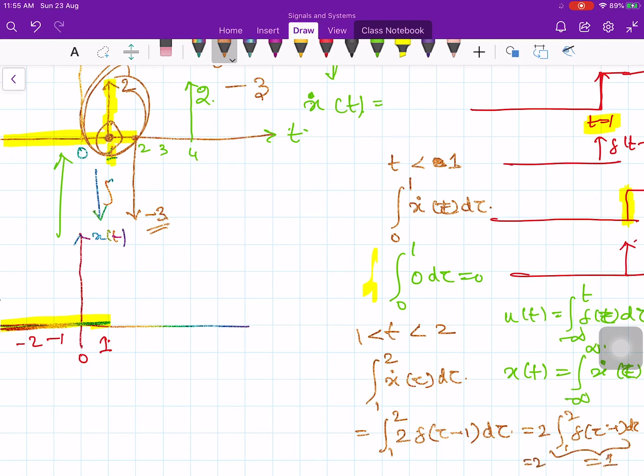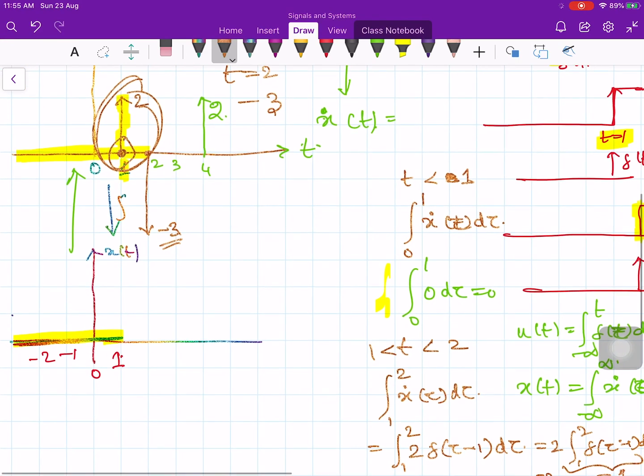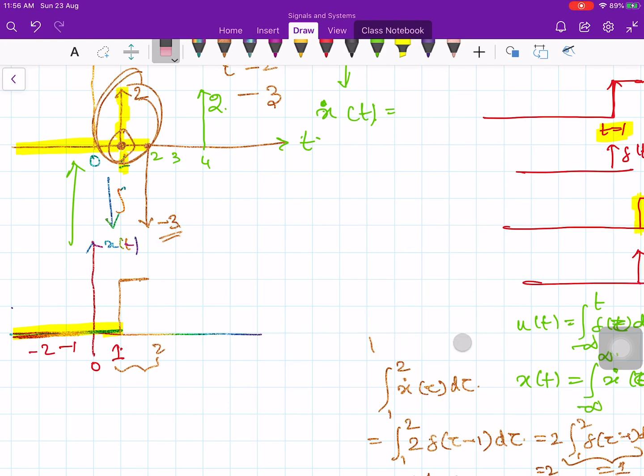So in the interval 1 to 2, the area is 2 units, constant between 1 and 2. Fine. Now let me consider the third interval, from 2 to 4.